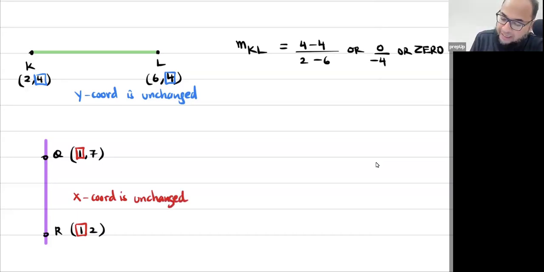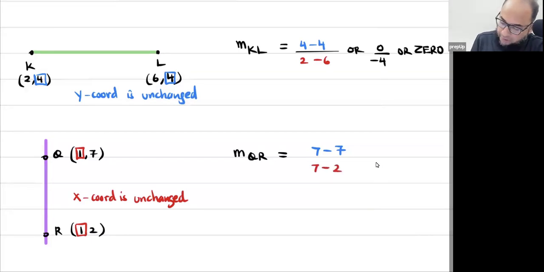So therefore, the gradient of QR, that is 7 minus 7, that is the change in Y. And let me also change the color over here. This color should be blue, and this color should be red. So blue is for height, red is for base.